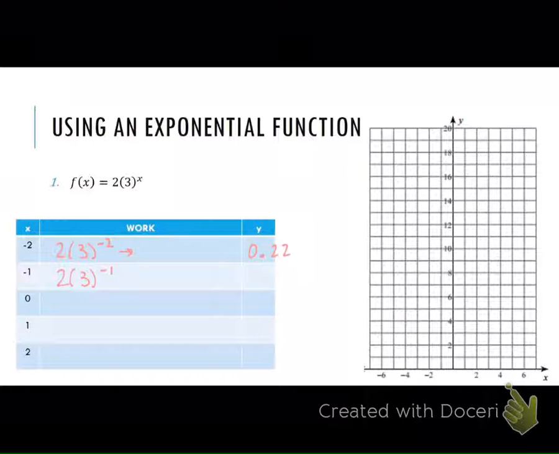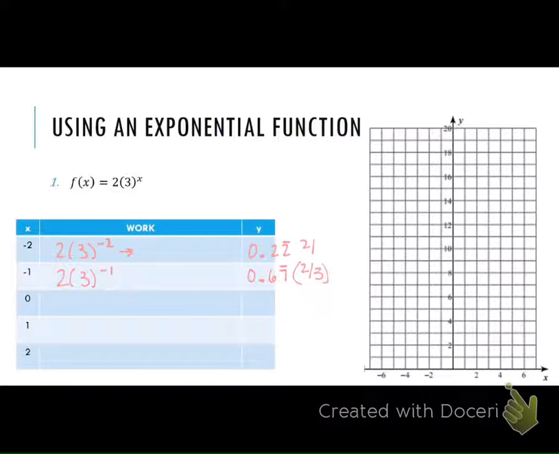I get that you could write these as a fraction, but we're going to go with this here. So what would you get here? 0.666667, which is the same thing as 2/3. This is the same thing as 2/9, by the way.